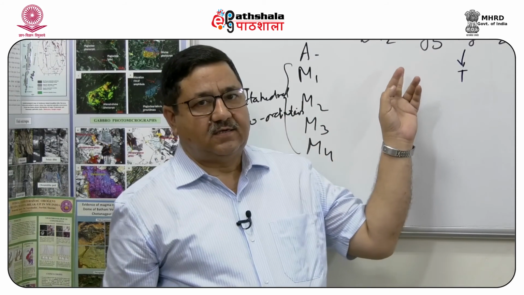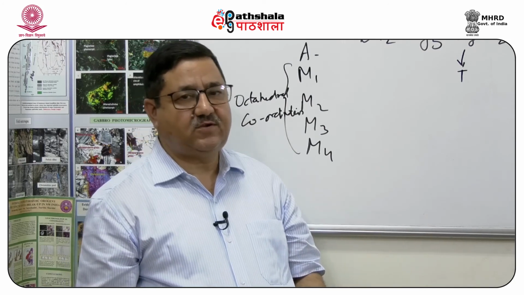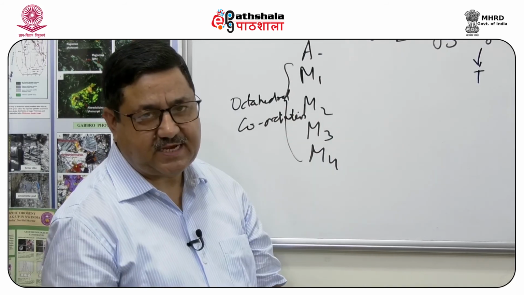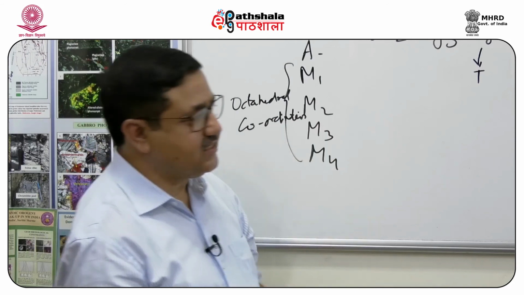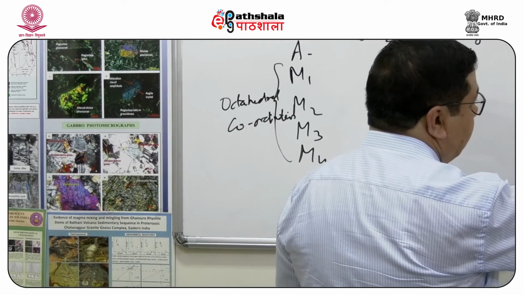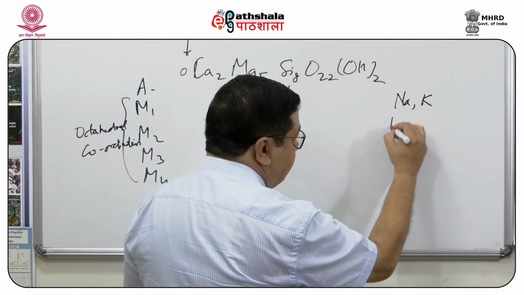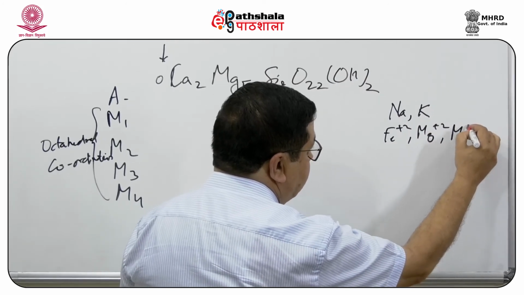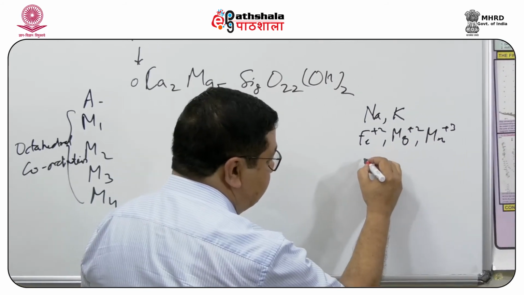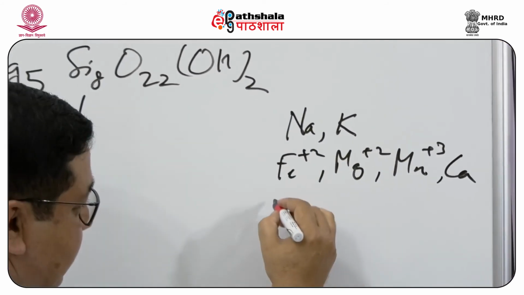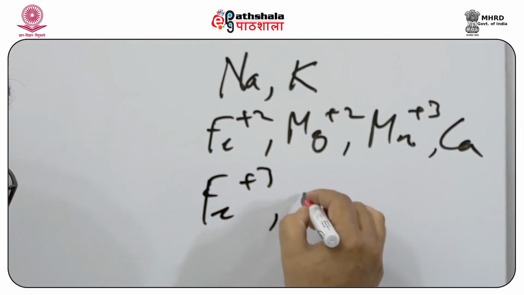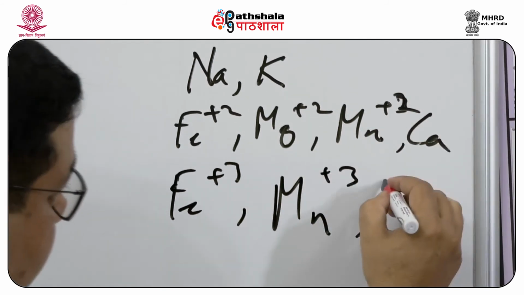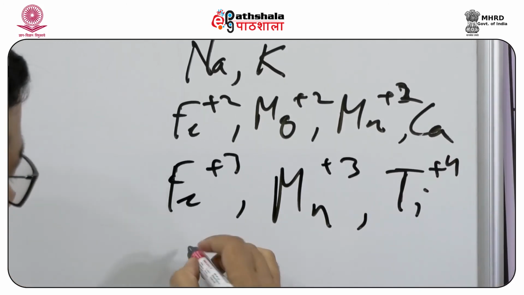Now, as the amphibole changes its composition, let us say during the greenschist facies to amphibolite facies metamorphism, several substitutions take place, and the elements which enter these structures can be clubbed as sodium, potassium, divalent iron, magnesium, divalent manganese and calcium, then trivalent iron, trivalent manganese, titanium and aluminium.